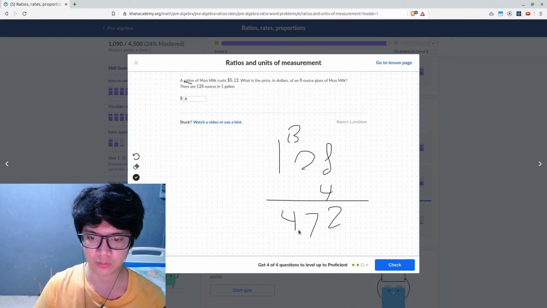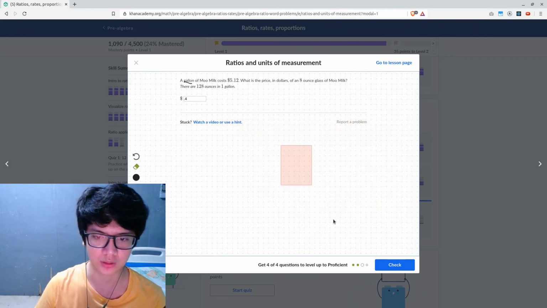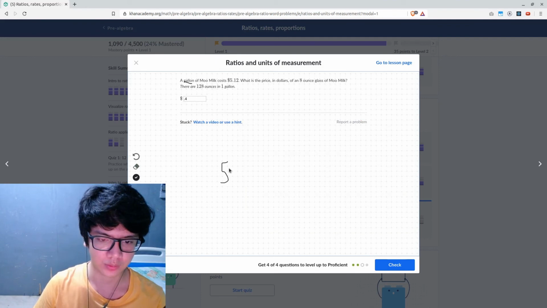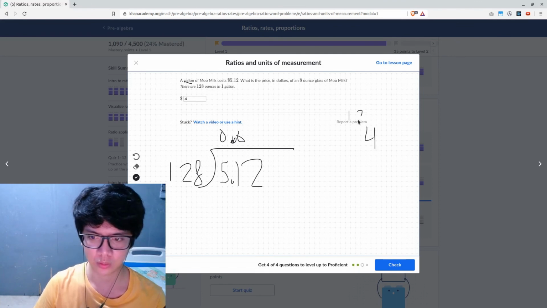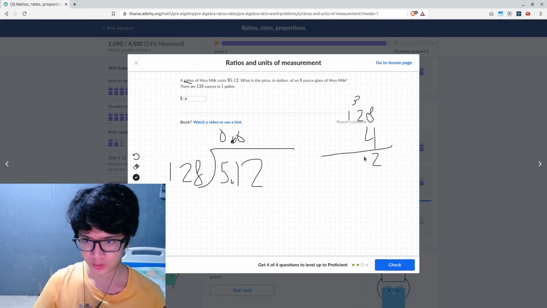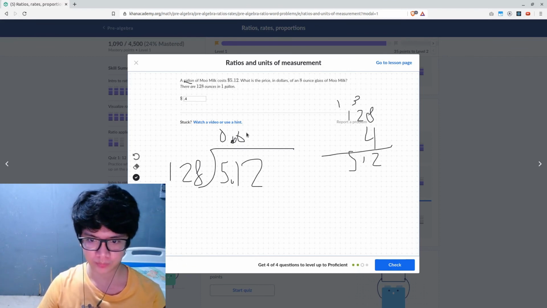Oh my god, this is insane. So for this part, let's try 4. 128 times 4, 32... Yeah, it's actually 0.04, and then times 8 of that.